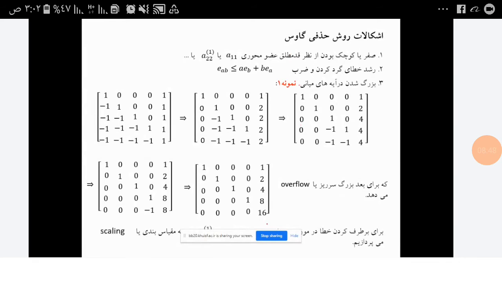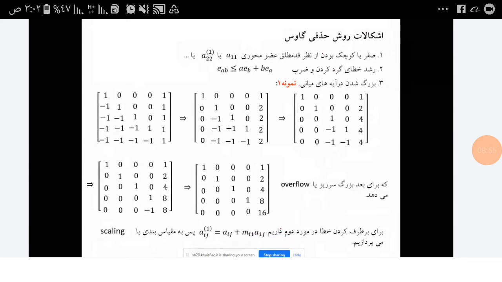So to solve these problems, we start with number 2. We have error in multiplication.